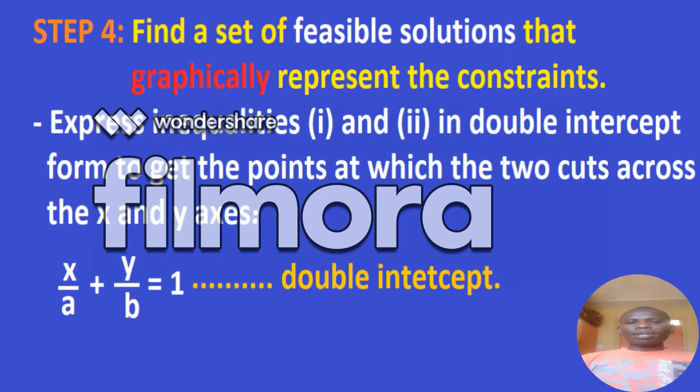So that's the main objective of using double intercept form, so that we know the exact points at which the two inequalities cut the x and y axes. Let us proceed into expressing the two inequalities in double intercept form. Remember, the double intercept form is given as x over a plus y over b equals 1.